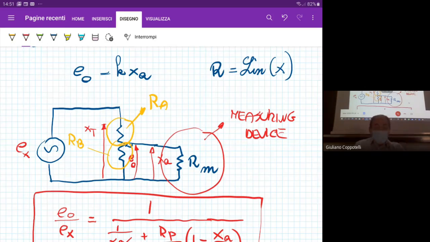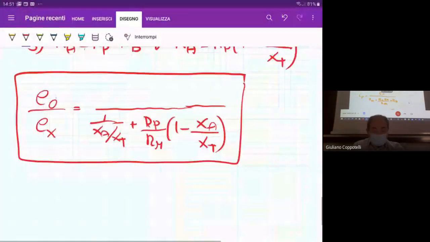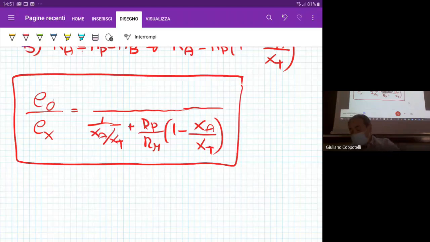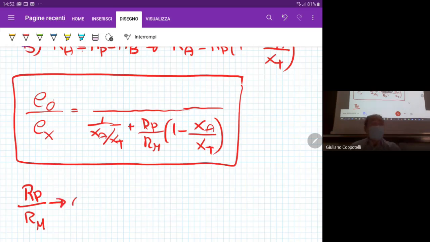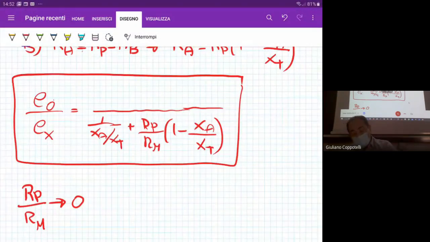And therefore, going back to this, if you are saying that your RP over Rm is going to 0, that is, your measuring resistance is much larger than the potentiometer resistance, then what you have is that your output tension is equal to the input tension, Ex, times Xa over Xt.